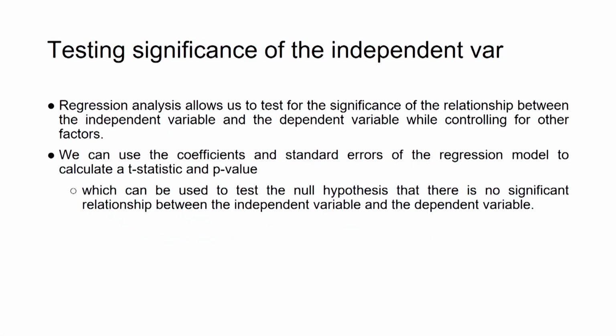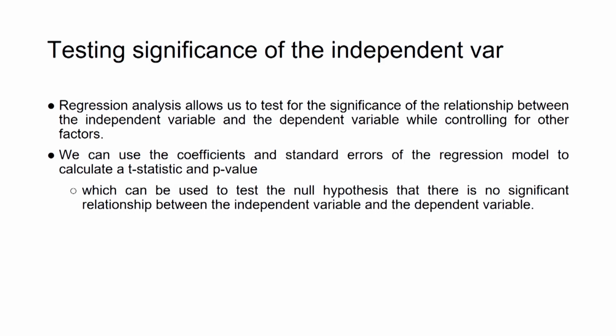Now, testing significance of independent variables. Regression analysis allows us to test for the significance of the relationship between independent variable and dependent variable while controlling for other factors. We will see that there are statistics, the t statistics and p values.